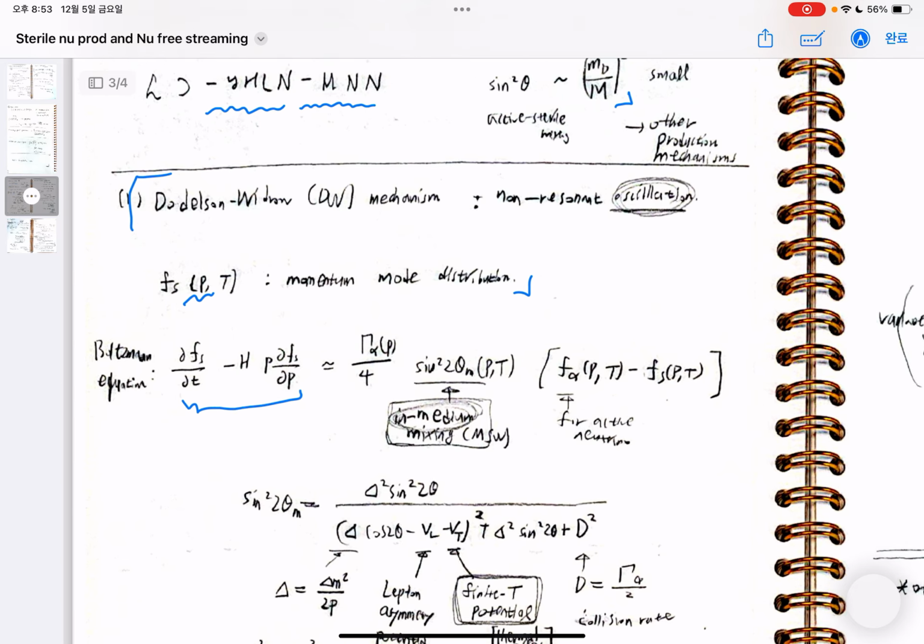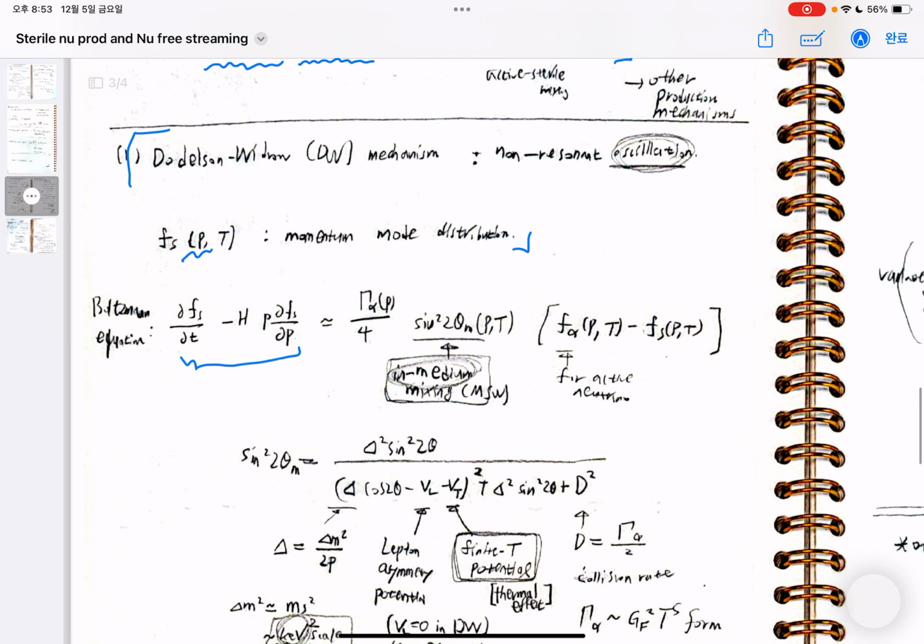So here is the gamma, the momentum-dependent decay rate, and the mixing angle term will be added, and this mixing angle should be modified by the matter effect, the so-called MSW. So in the early universe, there's no vacuum.